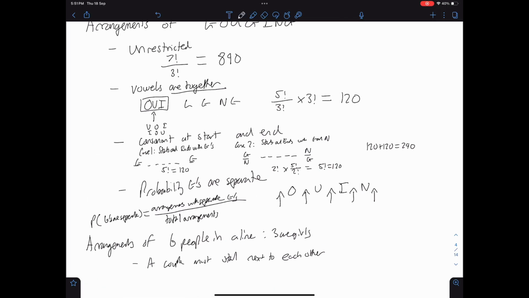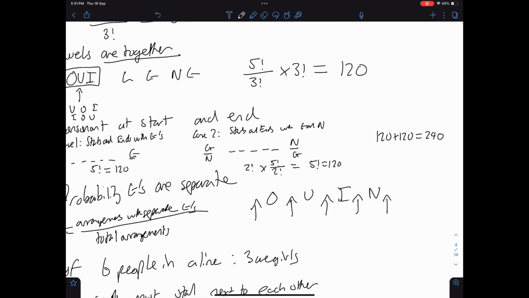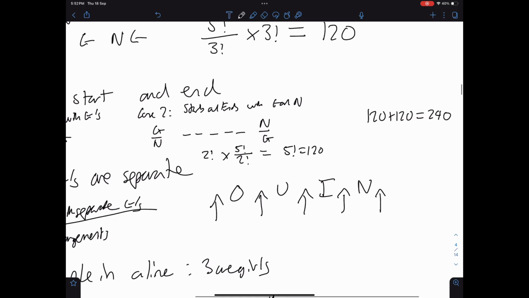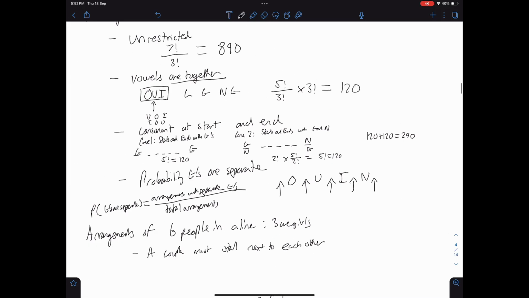Now, for example, if we're arranging photos and trying to separate some, so we've got 6 photos, and then we're trying to separate 2 specific ones, we'd have a look, okay, there are 5 gaps, and we need to arrange 2 of them. So that would be 5P2. But because G's are identical, we only need to choose the gaps, or arrange them and then divide by the repeats, which is the same as the combinations formula.